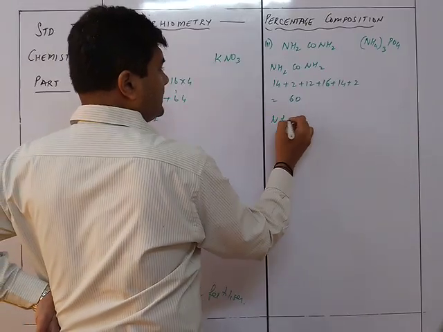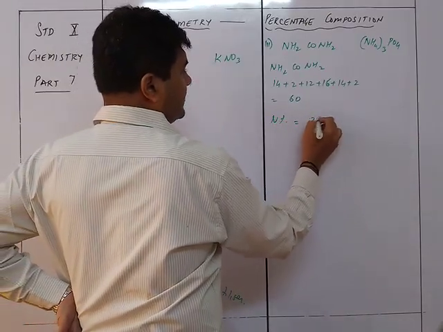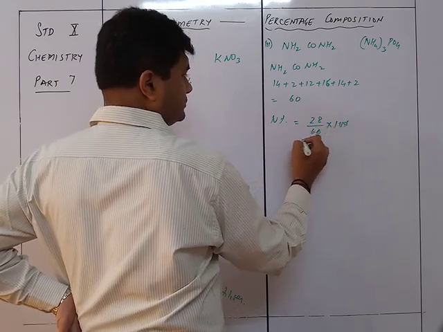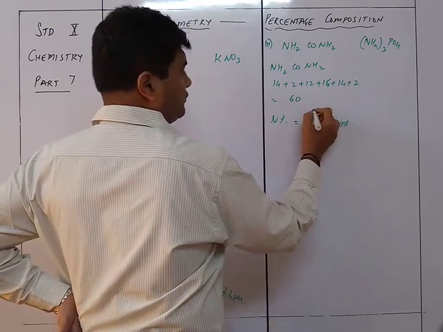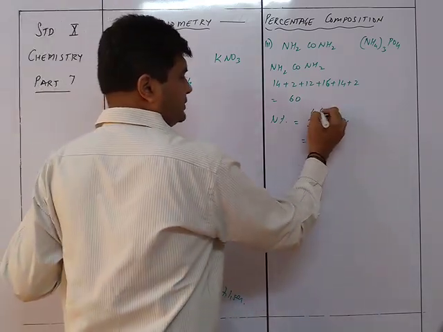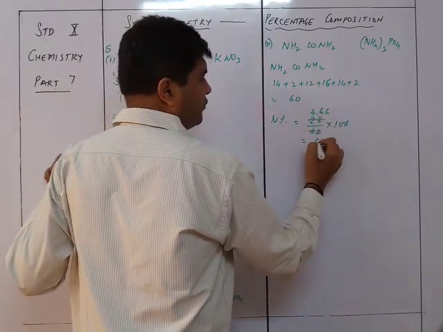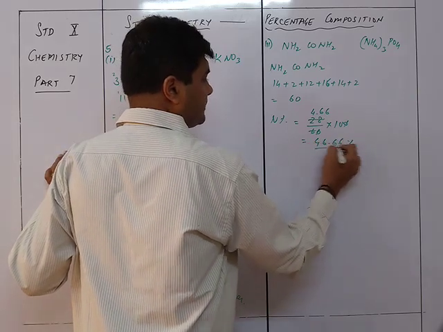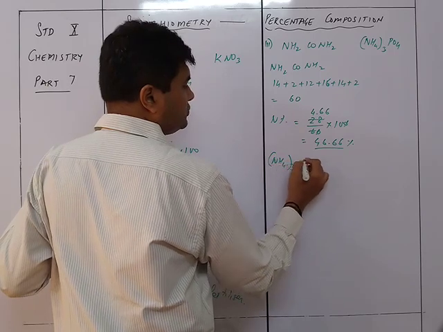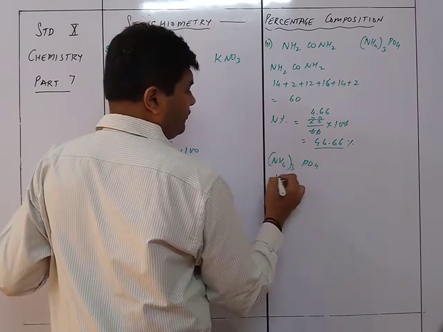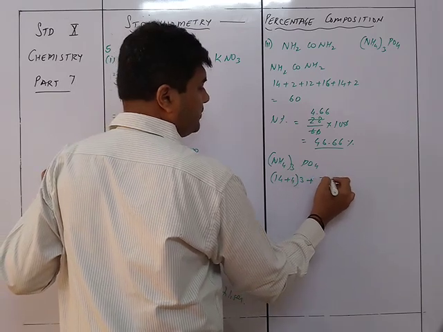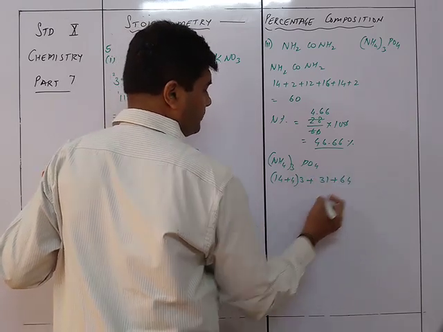So N percent is equal to 28 upon 60 into 100, which is 46.66%.